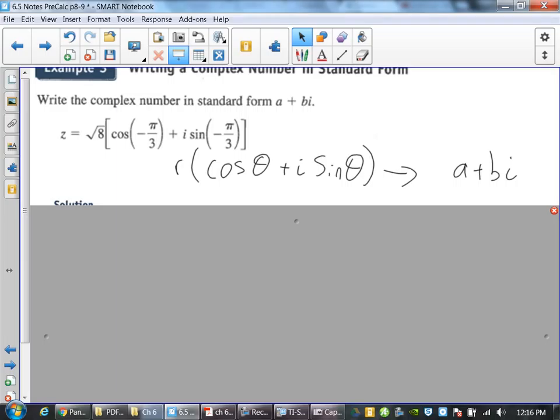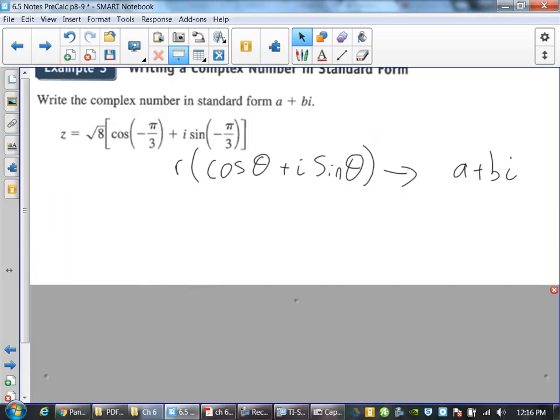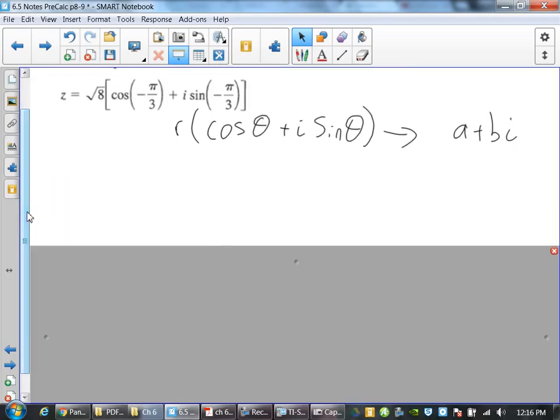This is actually a lot easier going this direction than it is the other way. Okay? Because all you have to do is place yourself on the unit circle and go. So if I'm looking at the first bit here, we start with, well, what is the cosine of negative pi over 3?